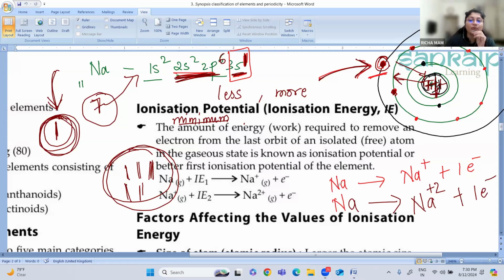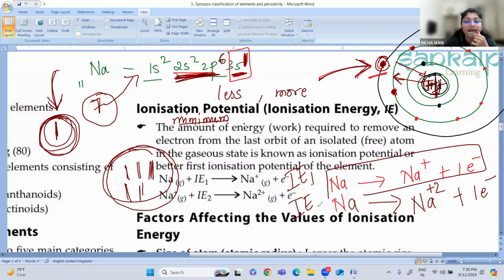Now when you are removing the first electron, the energy is IE1, ionization energy 1, and when you are removing the second electron, it is IE2. So IE2 will be more than IE1. Again, if I remove the third electron, the energy will be more.